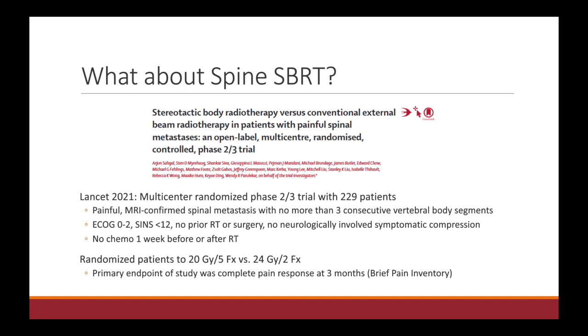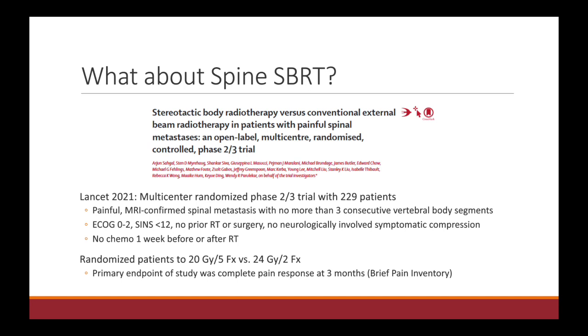Now, importantly, the patients in this trial did not have neurologically involved symptomatic spinal cord compression. So they did have spinal mets, no more than 3 consecutive vertebral body segments, but they didn't have symptoms of cord compression.